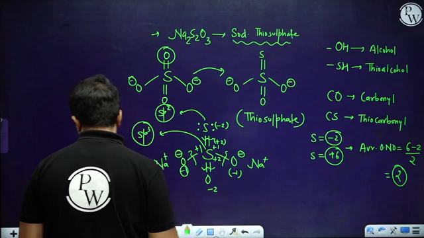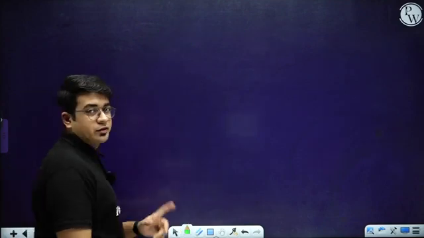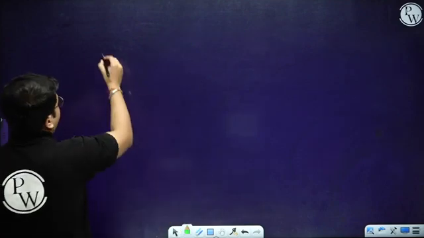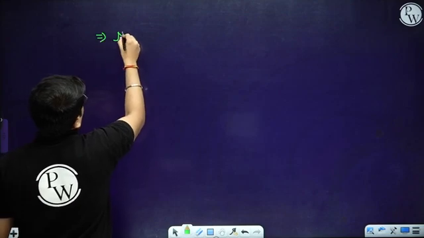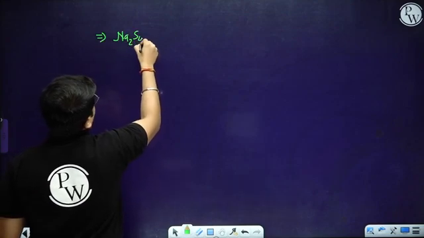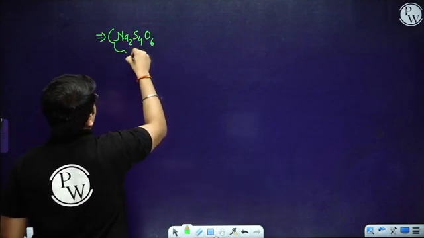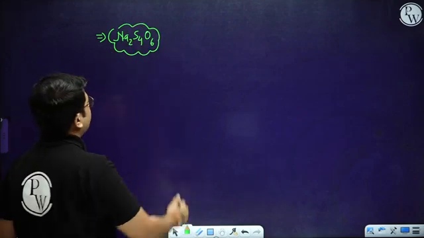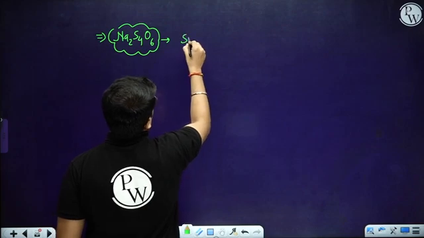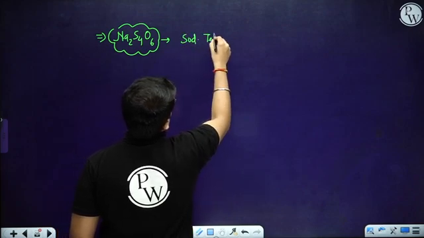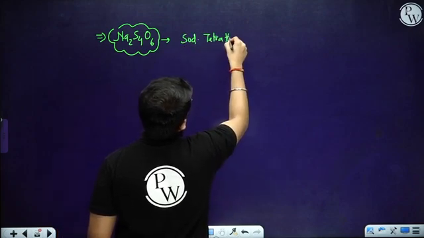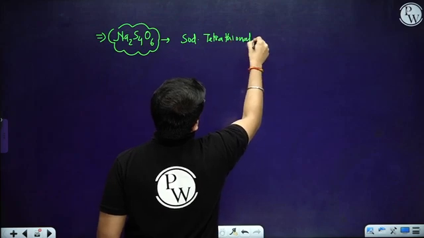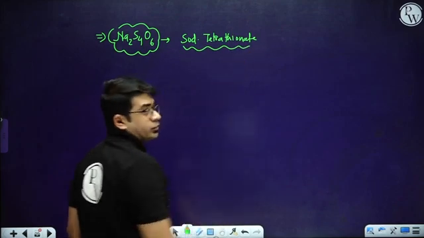One more thing which I want to mention. In this particular case, that is the concept of Na2S4O6. In this particular case, you can see we are talking about sodium tetrathionate. Okay.